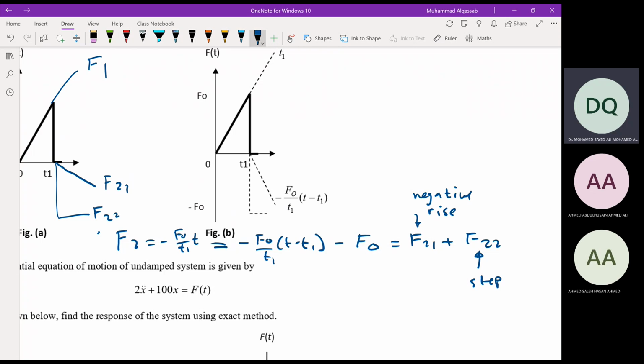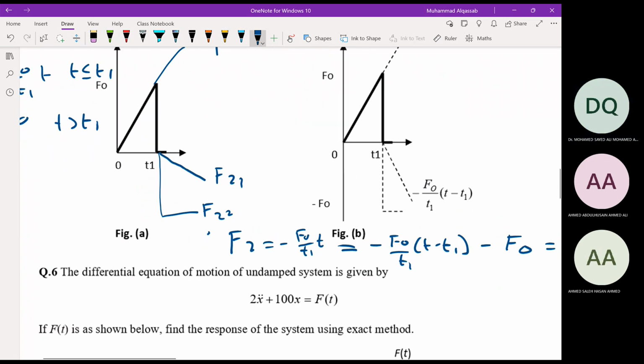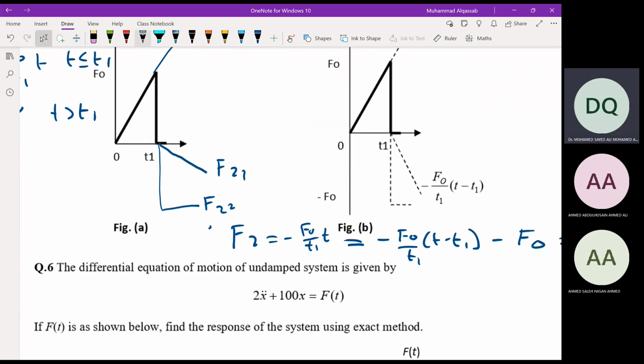You have to make it in terms of F naught over T1, T minus T1 in order to use the solution of the rise if it is starting at T not equal to 0. So this is starting at T1.